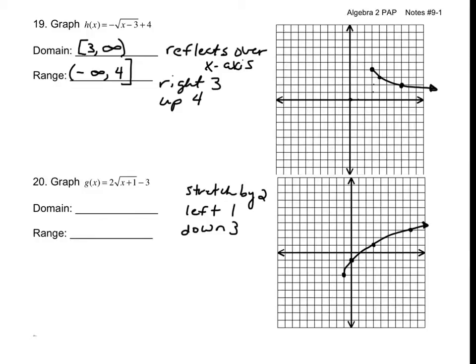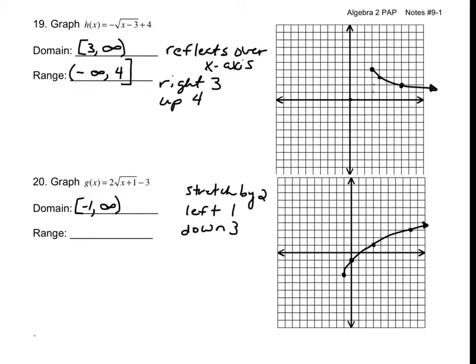So it's easy to graph if you can recognize these translations. You can put them in the graphing calculator, but if you don't have a graphing calculator, it's not necessary. So our new domain: the lowest value of x is negative 1, and it goes to infinity.